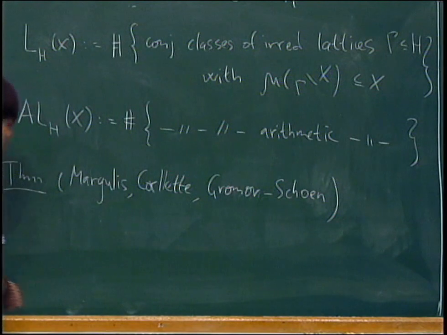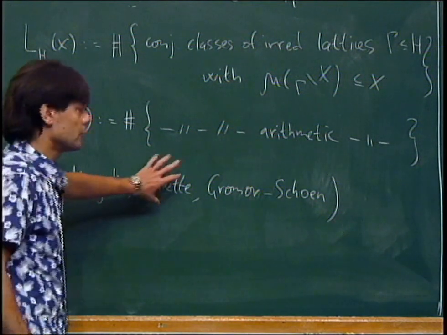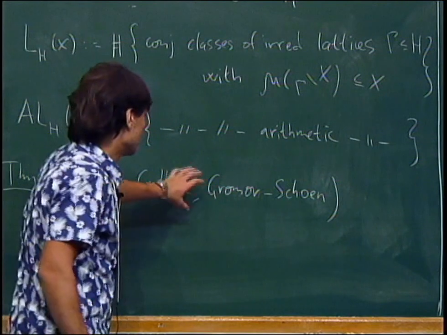Well, it's the superrigidity theorem, which implies arithmeticity, which was proved for higher rank lattices by Margulis and then extended to some rank 1 lattices by Corlette and Gromov-Schoen.